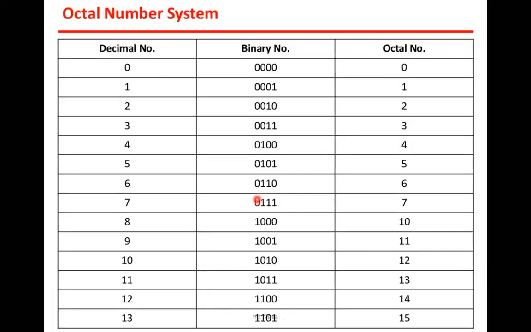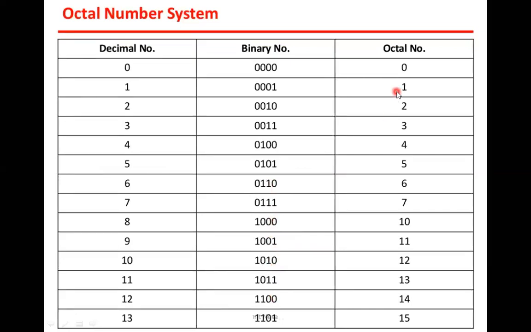Now please have a look at this. This is the decimal number system, 0, 1, 2, 3, 4, 5, 6, 7, 8, 9, up to 13. This is the equivalent of the decimal number system in binary, 0, 1, 10, 11, 100, 101, and so on up to 1101.